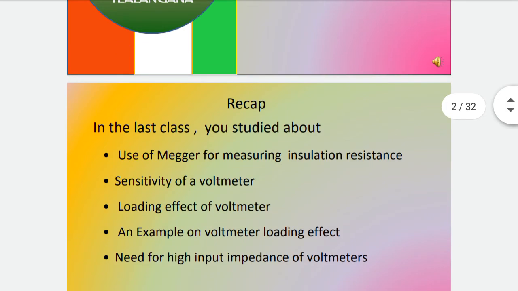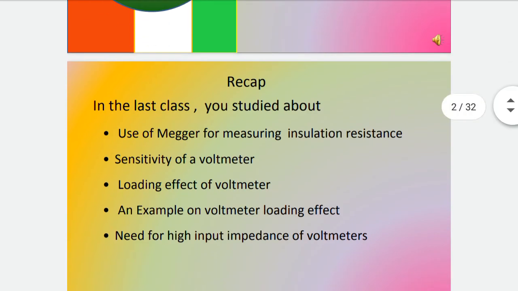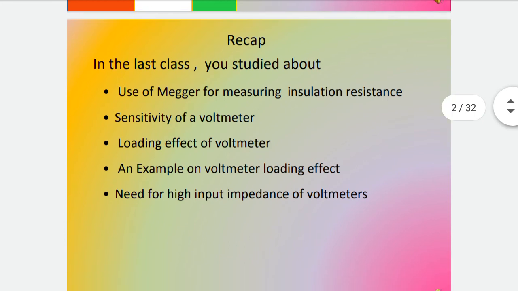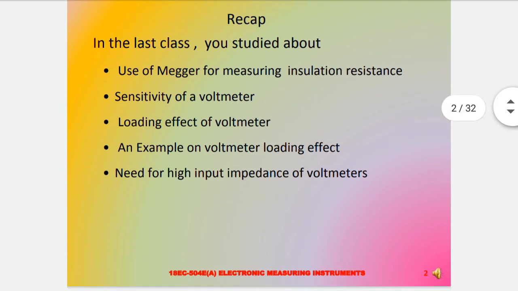In the last class, you studied the use of Megger for measuring insulation resistance, sensitivity of a voltmeter, loading effect of voltmeter, an example on voltmeter loading effect, and the need for high input impedance of voltmeters.